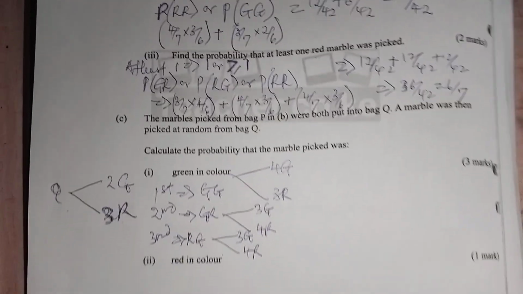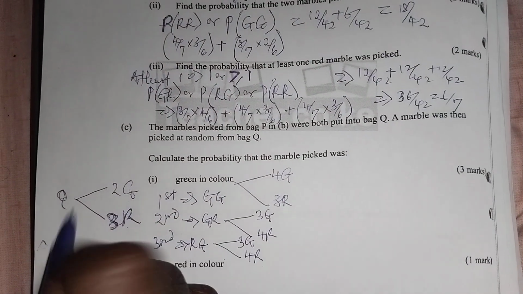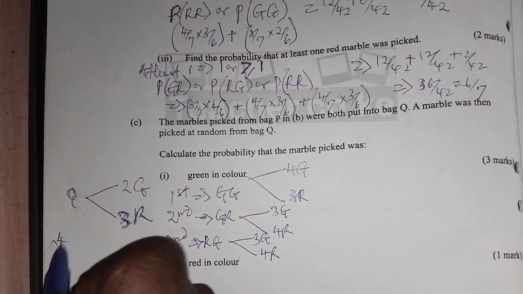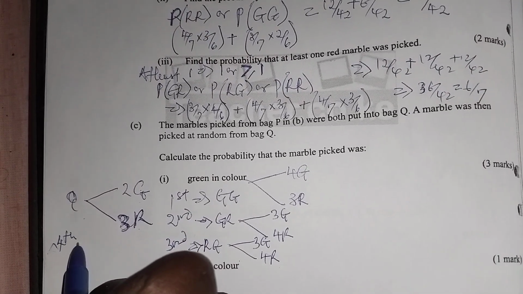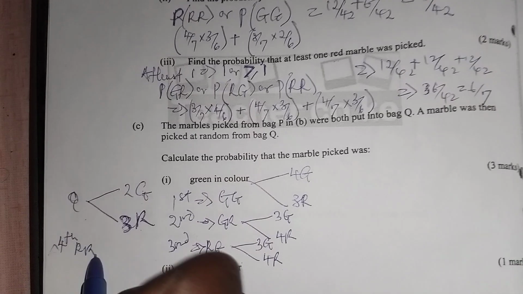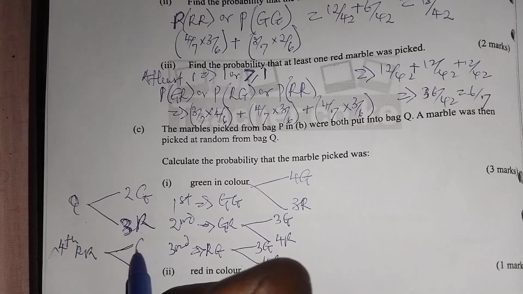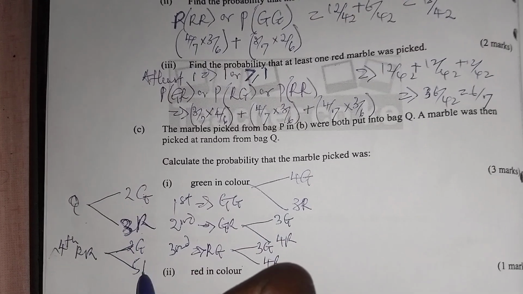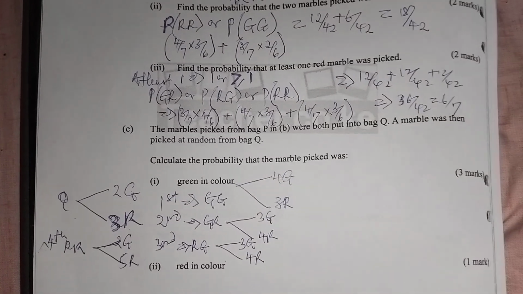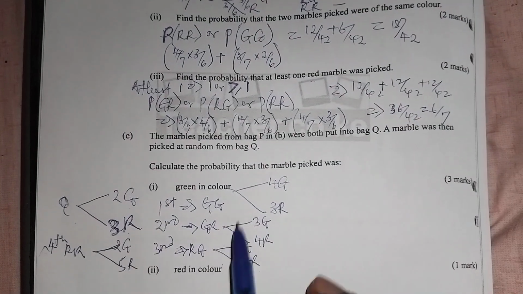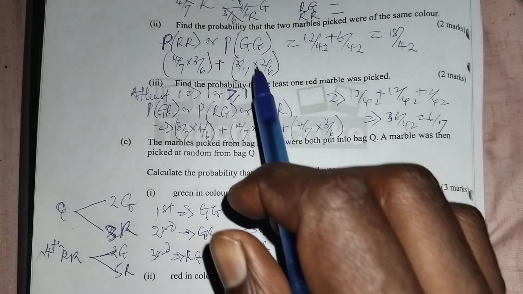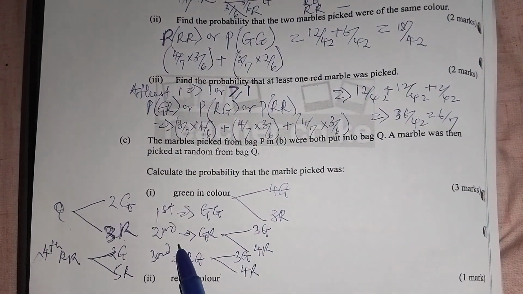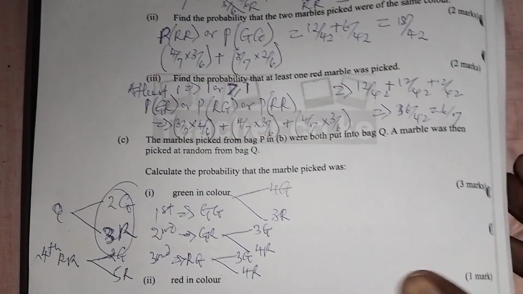The fourth scenario: if you picked red, red, you will have 2 green and 5 red. Those are the scenarios which can occur when you add the 2 marbles from P to bag Q, so the totals for bag Q change.